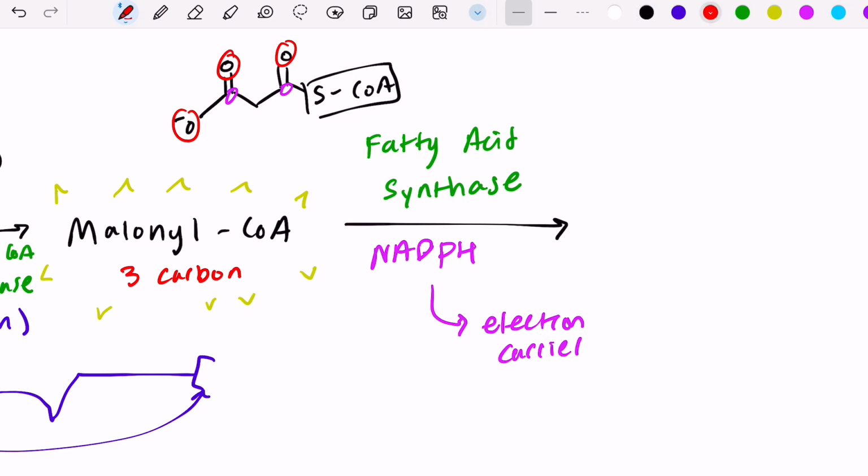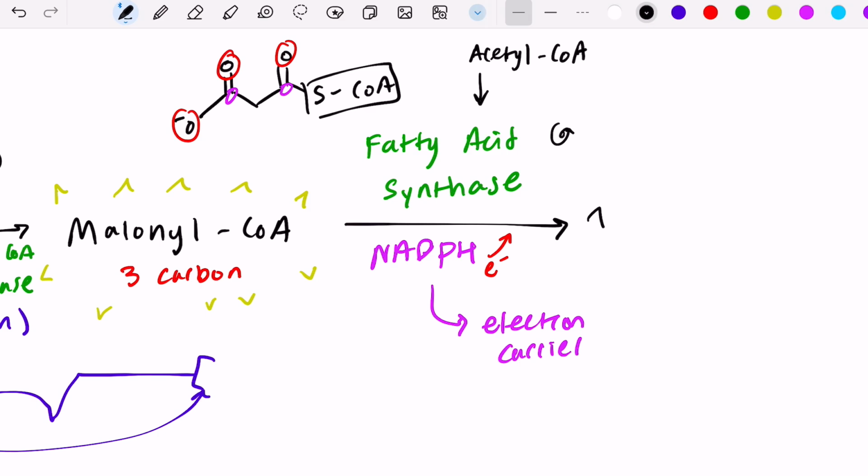NADPH carries electrons over and helps to reduce these molecules, right? To create energy and store energy, we have to reduce these oxidized carbons to have those lots of HC bonds to store the energy, right? So cycles are going to occur in this fatty acid synthase where we add on more and more acetyl-CoA molecules, and we use more and more NADPH.